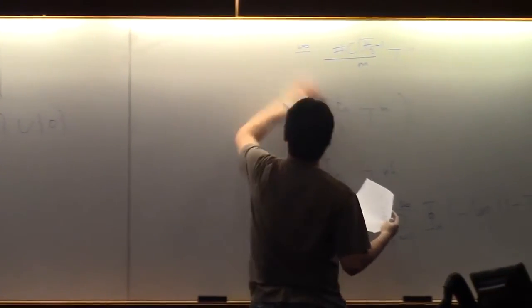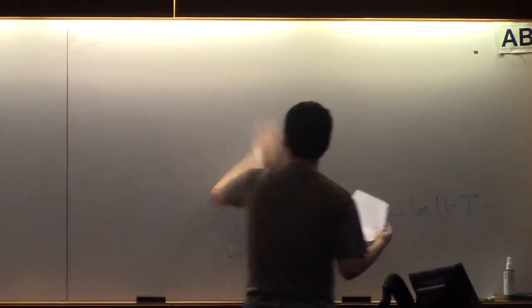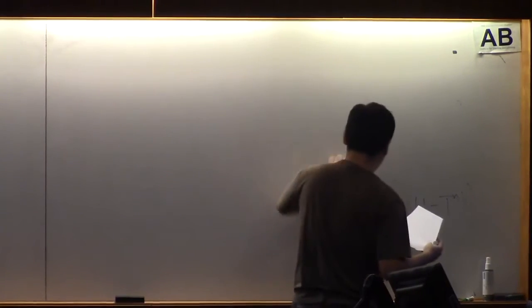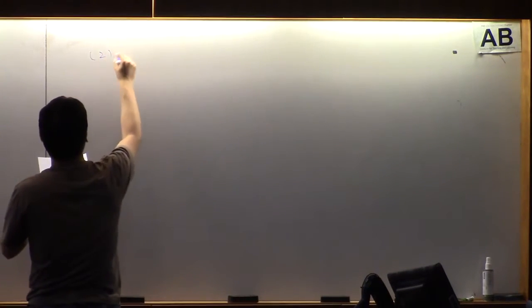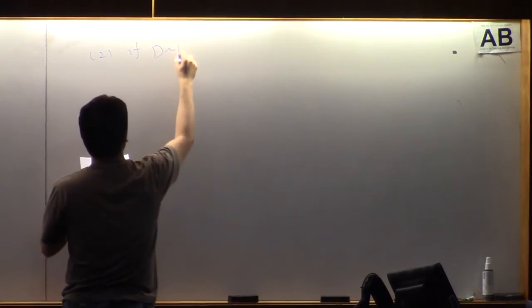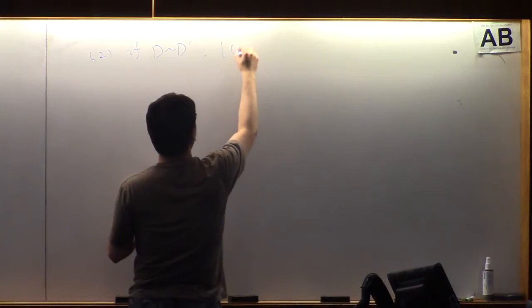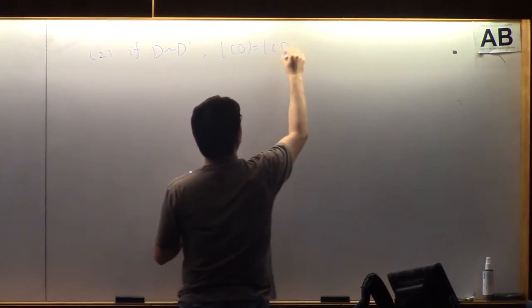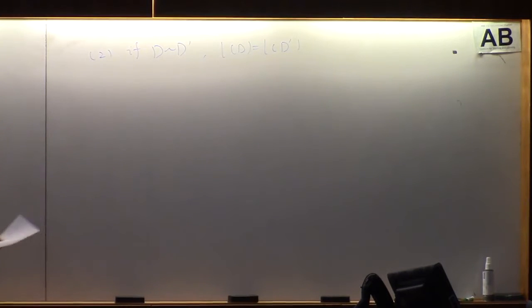And I will list some other properties of this dimension, which you can check. Not very difficult. So if you have two divisors and they are linearly equivalent, then the dimension of the associated vector space should be the same.